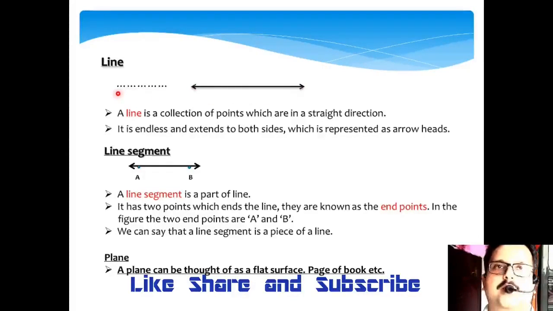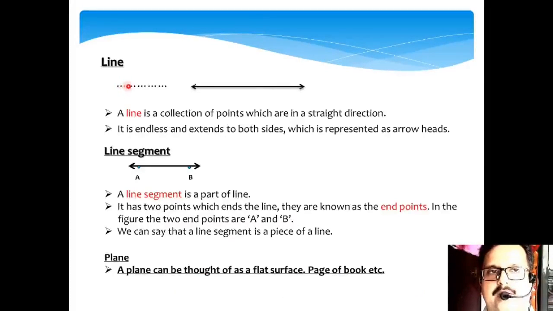The first picture is just drawn to show you that when many dots are arranged like this, and if we use a scale to join all these dots, we will get a figure like this. So we can define a line as a collection of points which are in a straight direction.